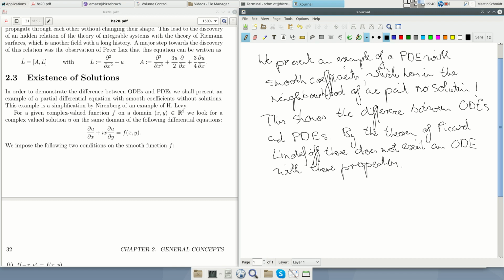Picard-Lindelöf gives us locally unique solutions of the initial value problem.